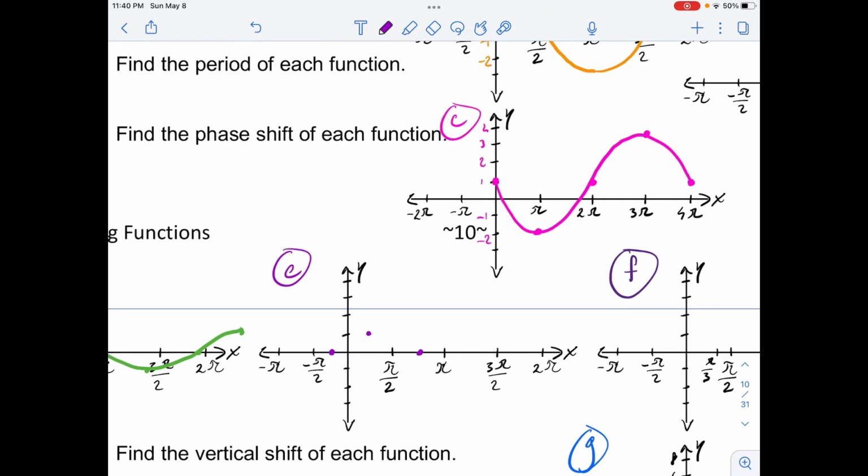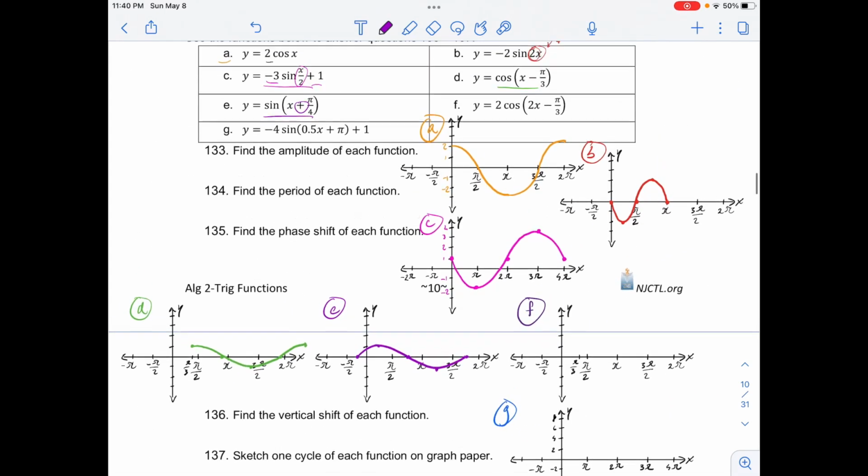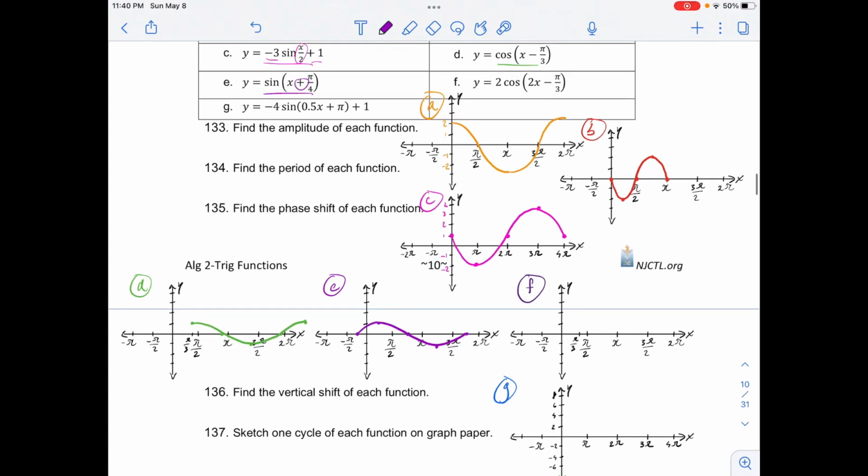Then we have a minimum at 5 pi over 4 comma negative 1. And then a 0 again at 7 pi over 4. So this would be one cycle of sine of x plus pi over 4.